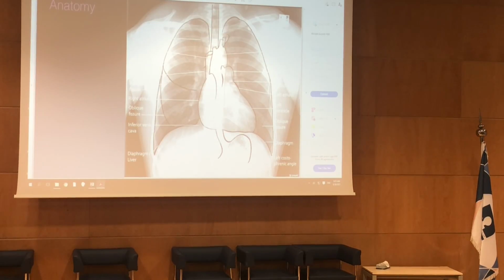Okay? You have the diaphragm here, and the interface of the diaphragm with the parietal pleura is called the costophrenic angle, and this is the first place that pleural effusion would accumulate, which is lung fluid.